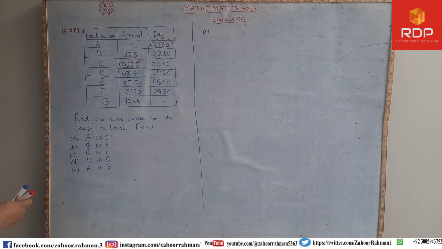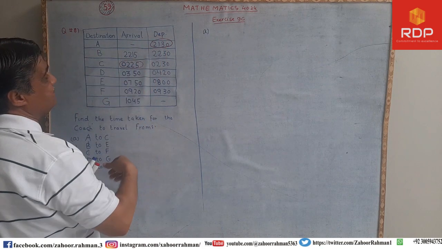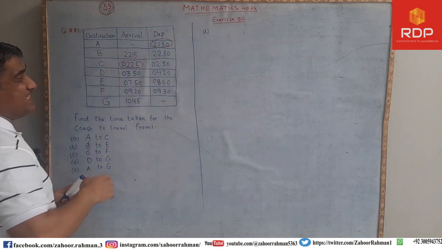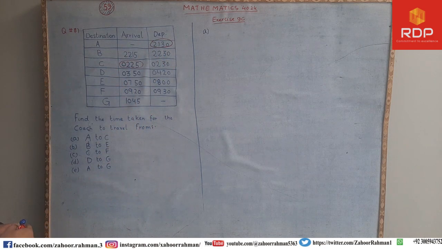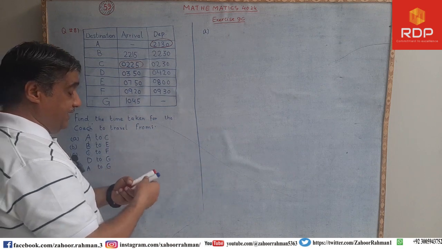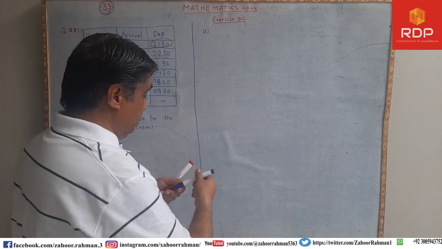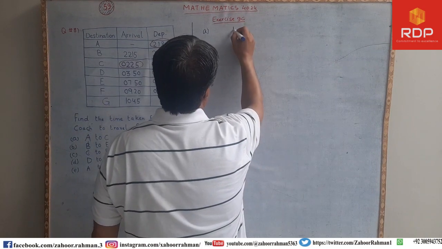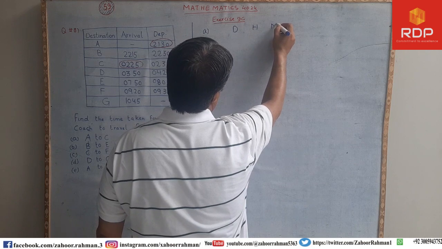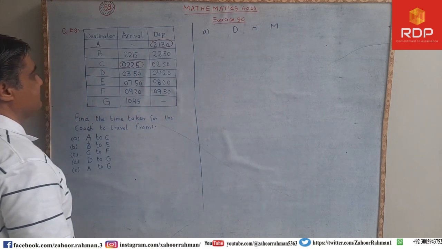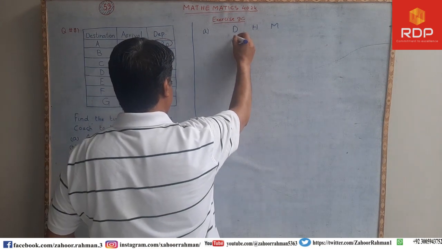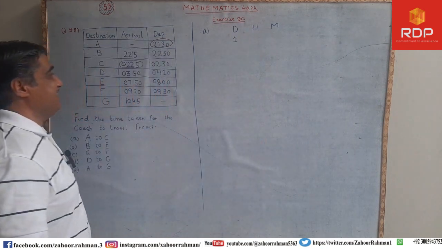So can you note that 1 day has passed between these two? At 21:30 they started and at 2:25 early morning they arrived. So we have to write day, hour and minutes. 1 day has passed, so we have to write this.